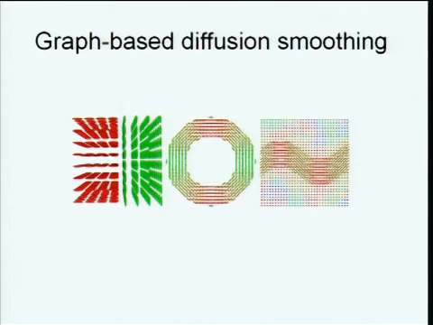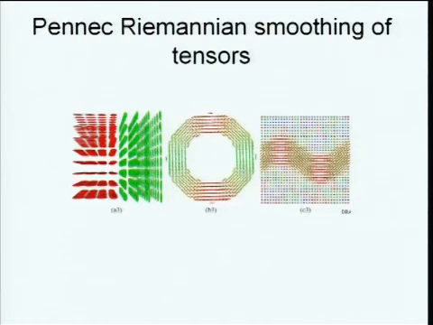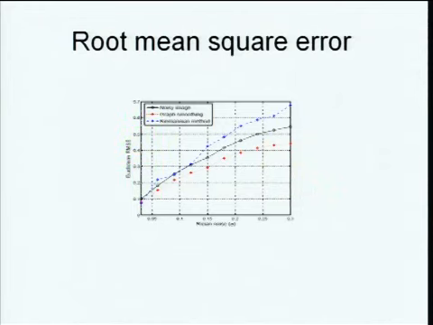Then I have the next slide. What I've done is I've plotted the results obtained by using Pennec's Riemannian smoothing technique on the tensors, and these are a little bit noisier. And then what we have here is an analysis again of root mean squared errors for the synthetic data.